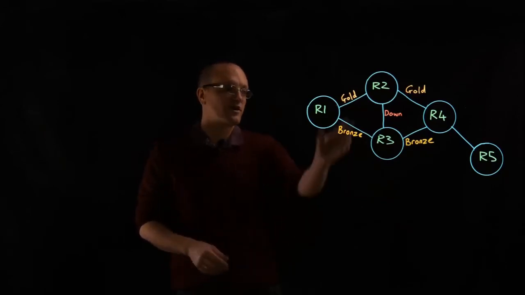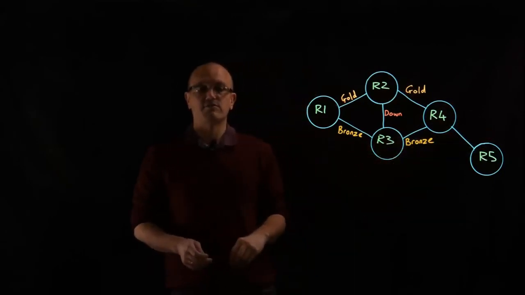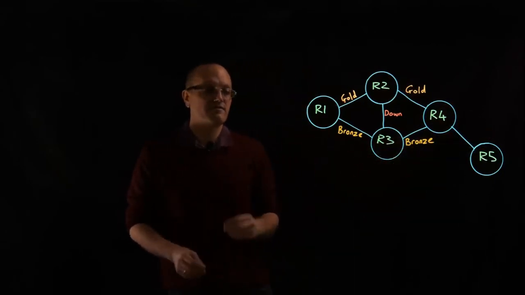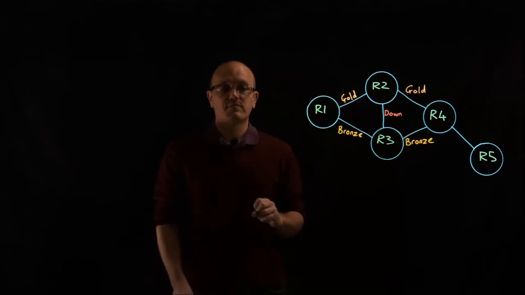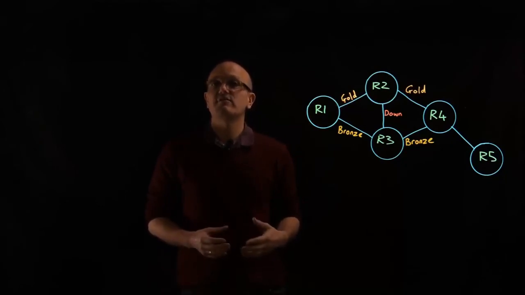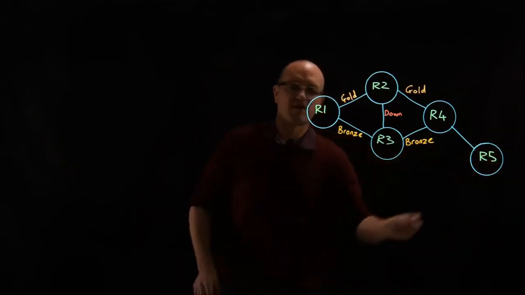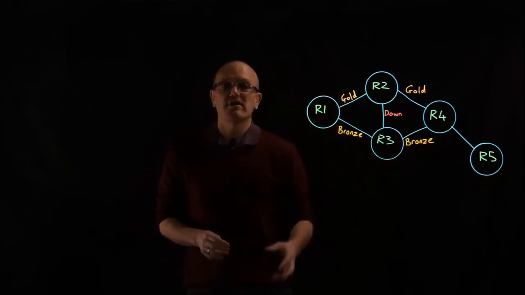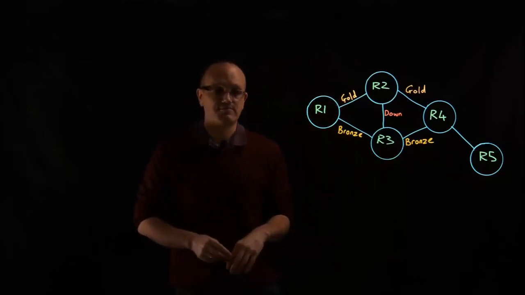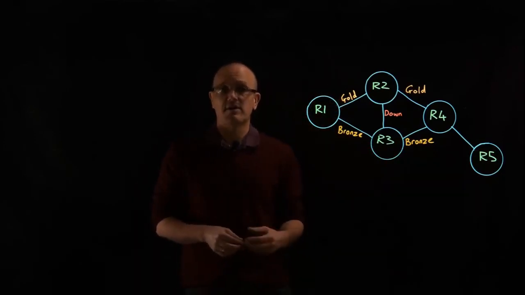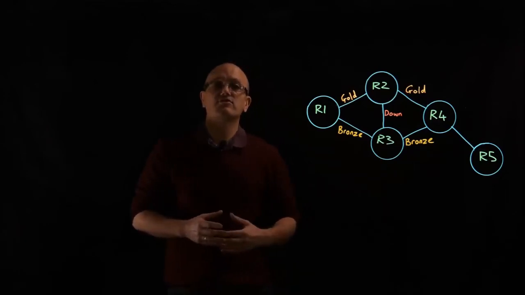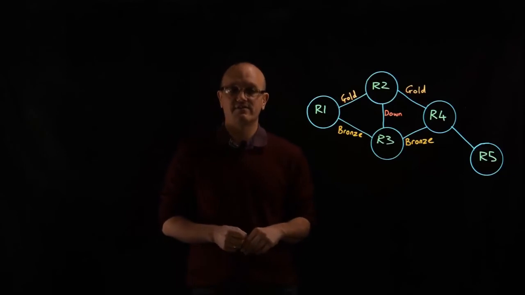So let's refer to the diagram on the right-hand side of the board. Say we have router 1, and he's going to establish several LSPs to router 5. And router 1 is a multi-service router. He's supporting a prestige voice service that has requirements to use very low latency links.